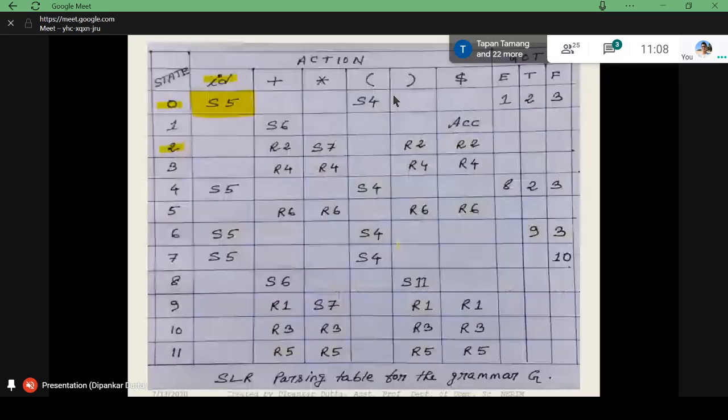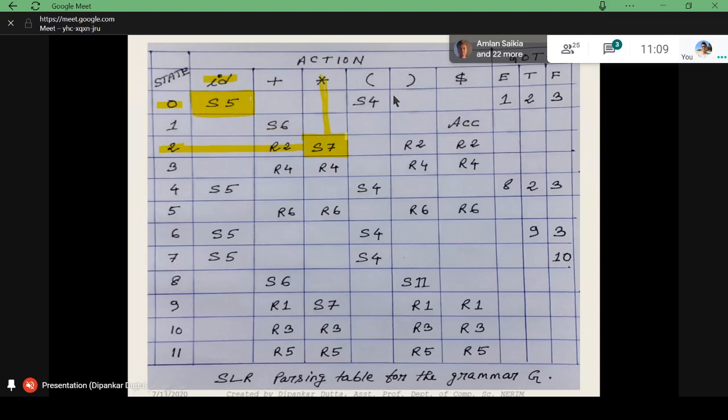See there? Row 2, star. What is the entry? S7. This is the entry. So this way, within this table, if we see some S, then it means shift.